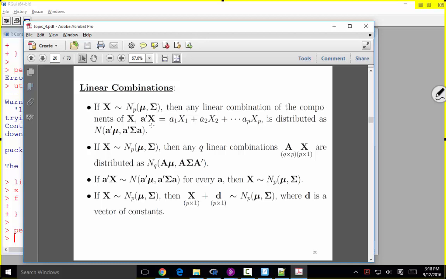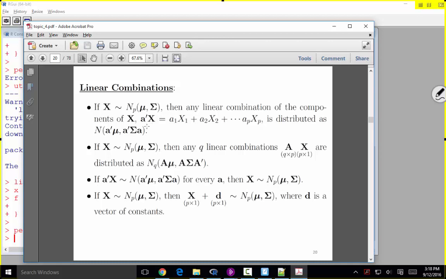I said, give me expressions for the mean and the variance of a linear combination of 3 variables, like x1 minus 2 times x2, or x1 minus 3x2 plus 4x3. That's just A transpose X for an appropriate choice of A.